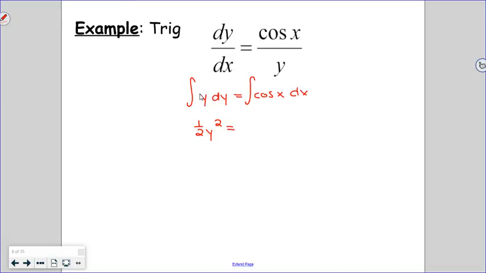Okay, always careful with that positive versus negative. Antiderivative of cosine, positive or negative? Positive. Plus c. Solve for y.